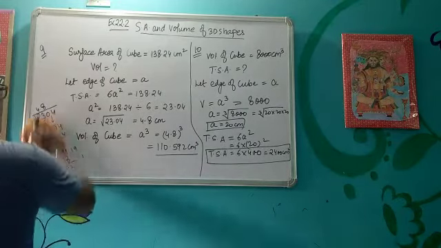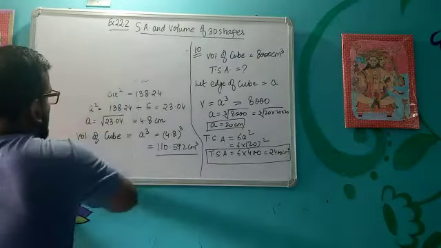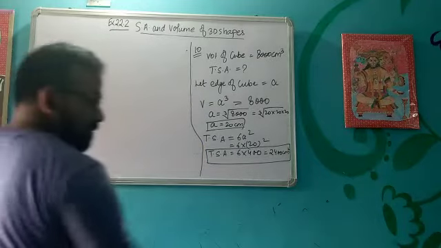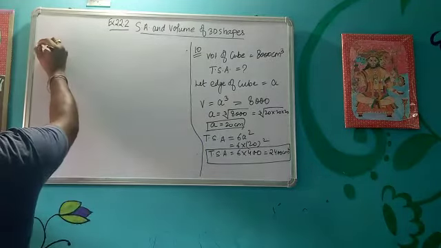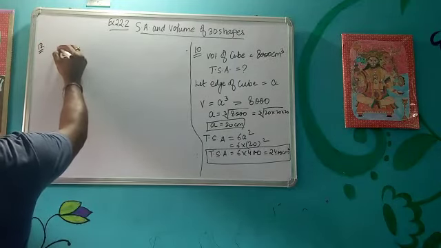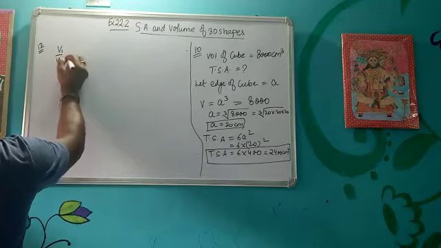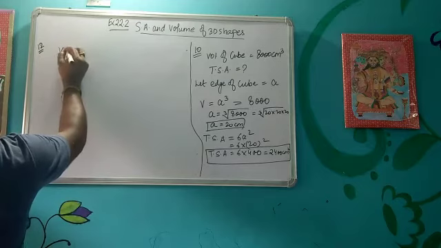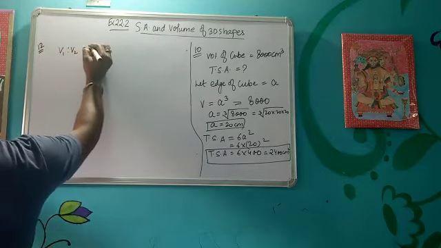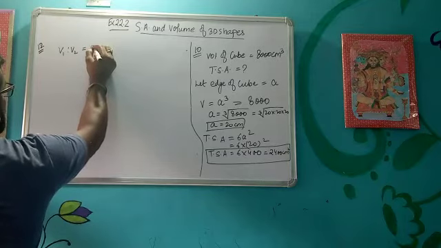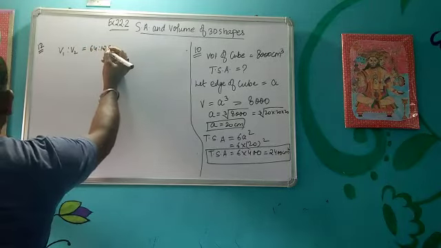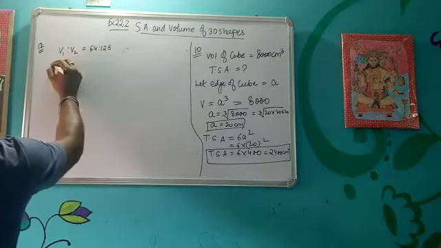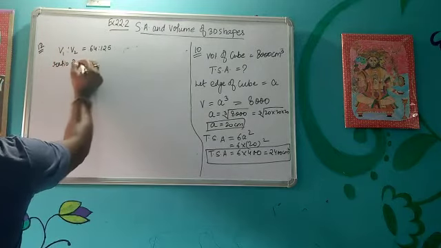Then in question number 12, the ratio of volumes is given as 64:125, and we have to calculate the ratio of sides.